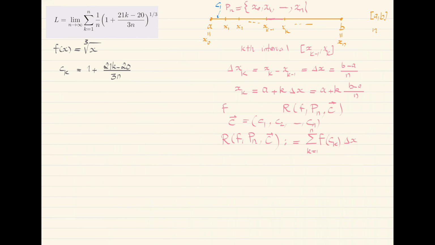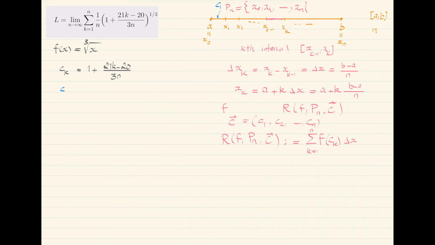When I increase n, because eventually I want to send n to infinity, these delta x's become smaller and smaller, so this c_1 will be closer and closer to a. So we expect that c_1, as n grows large, approaches a. This is very reasonable.